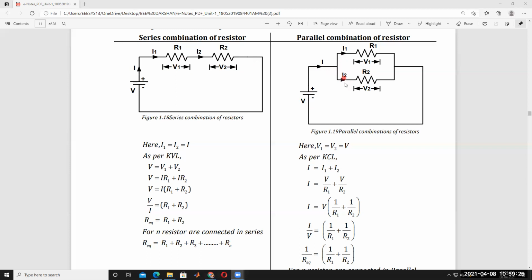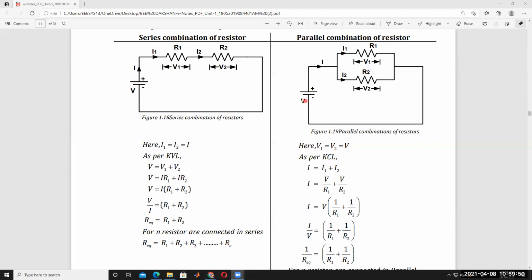I is equal to I1 plus I2. The addition of these two currents is this current. That means current is dividing in a parallel circuit. So here I1 and here I2, so R1 and R2. Understood? So voltage is the same in a parallel circuit, but current is dividing. So V is equal to V1 is equal to V2.